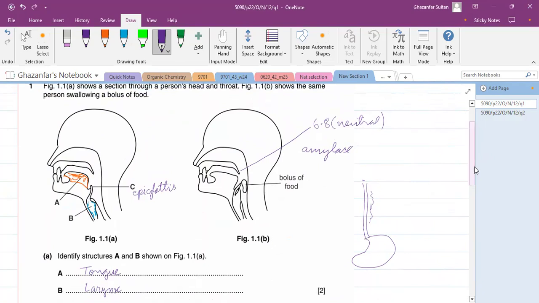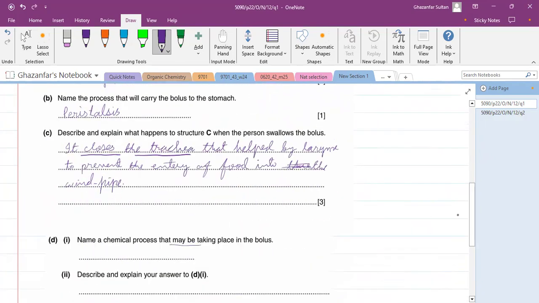What kind of digestion is there? What material is digested? Definitely, it is the starch. So what happens? The chemical process that may be taking place with the bolus. This is the digestion of starch.